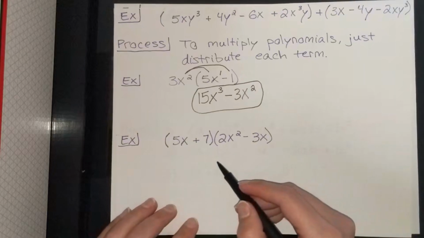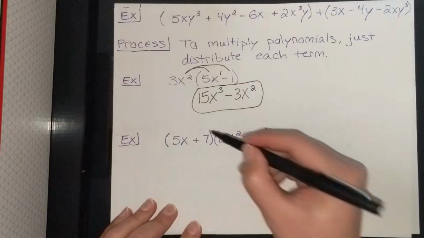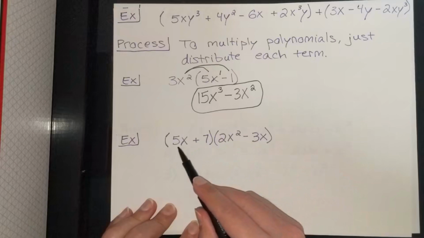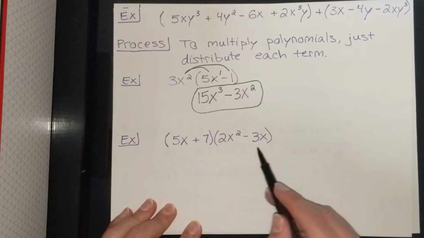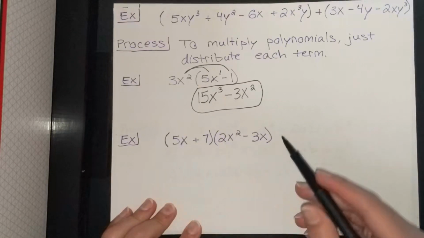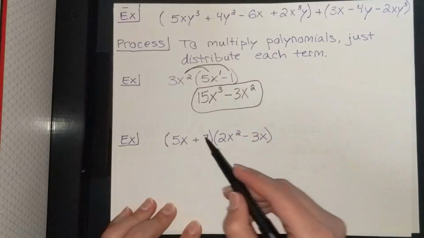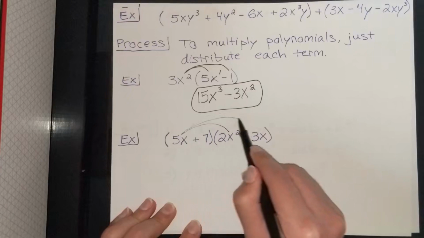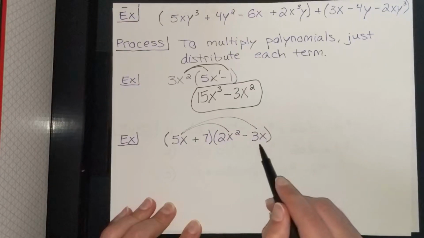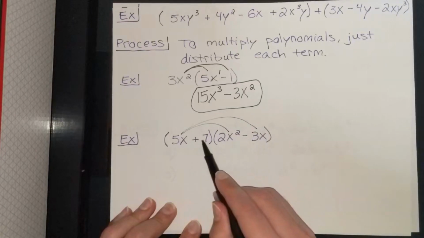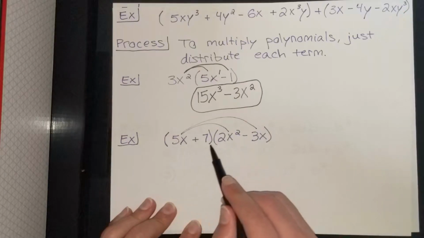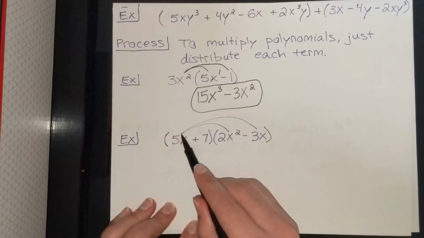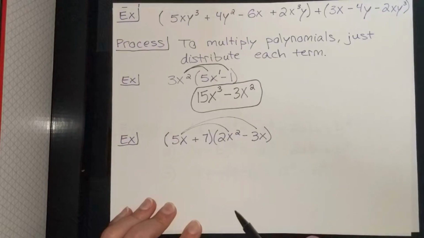Alright, so from here, we're going to distribute each value, again, that is being added or subtracted to the other terms. So this 5x will be distributed to the 2x squared and to the negative 3x. We don't distribute it to whatever is inside of its own polynomial, only what it's being multiplied to.